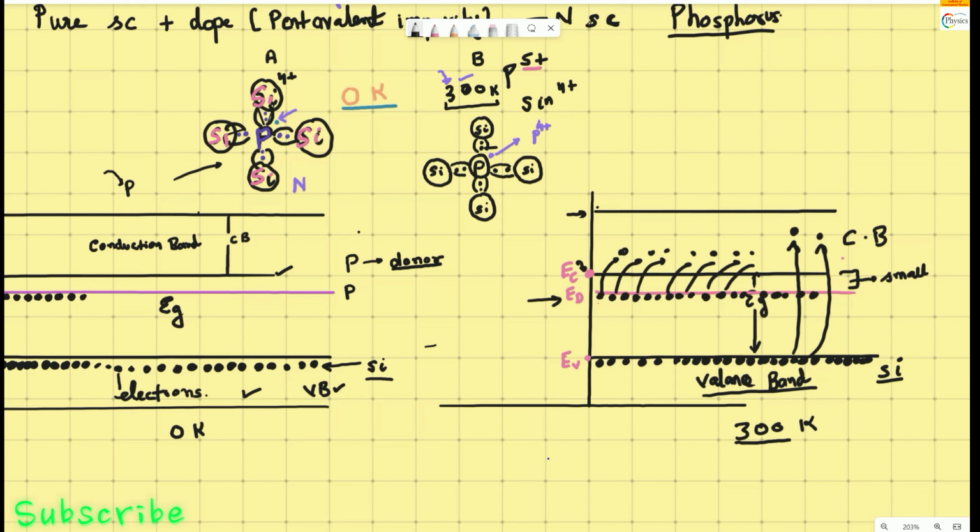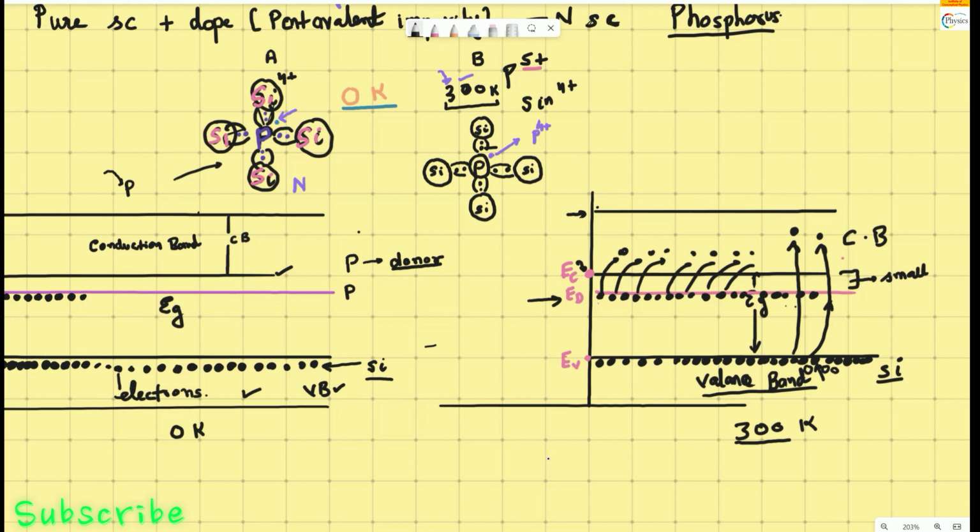Now you can see the conduction band suddenly is flooded with electrons. And of course, one more thing happens, that as the silicon electrons reach the conduction band through this jumping process, they leave behind holes. So this electron which has gone leaves behind a hole here. So the holes get created here.